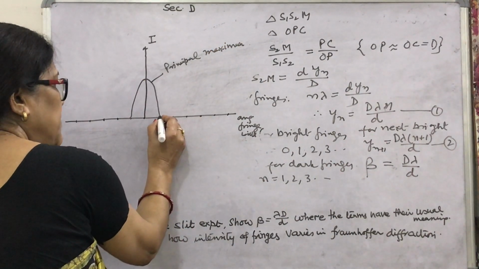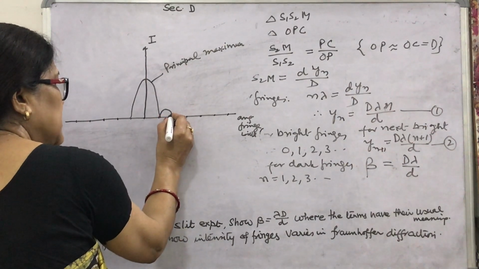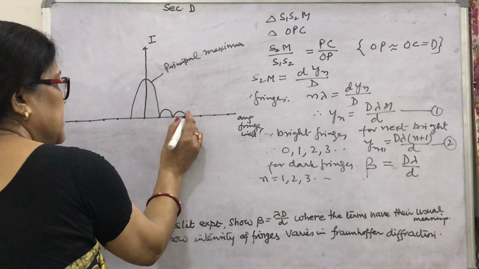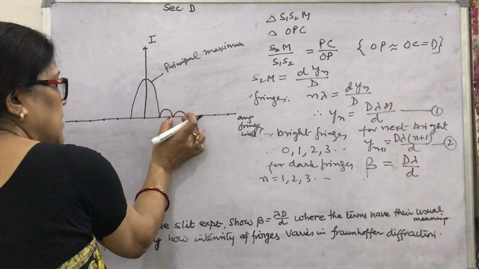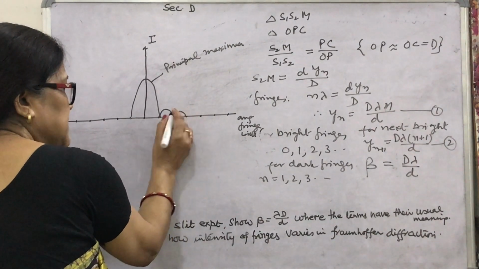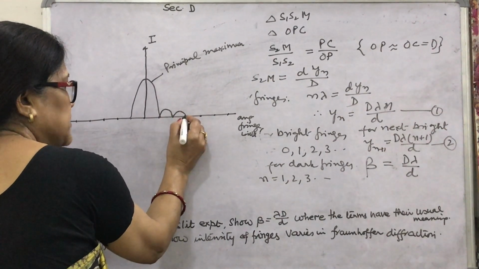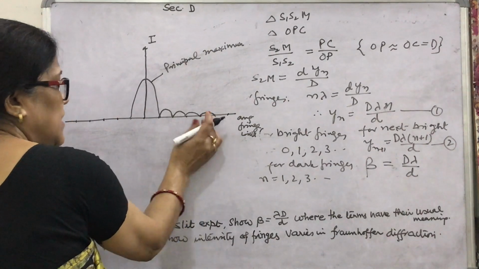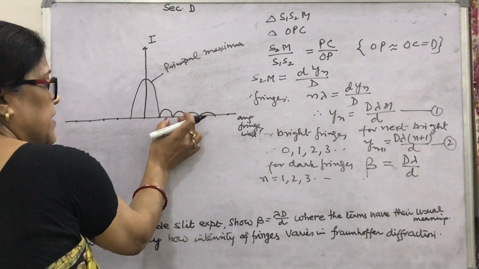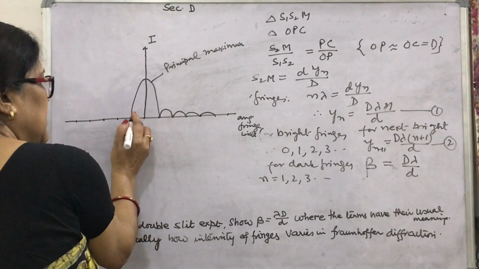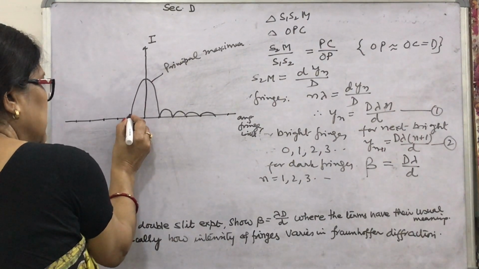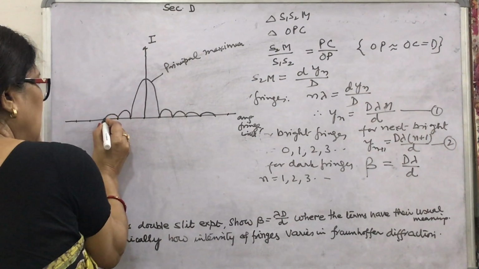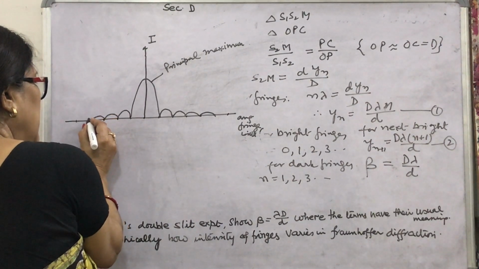The secondary maxima have lower intensity, then the next one is of lesser intensity with the same width. The first, second and third secondary maxima have decreasing intensity. They are of the same width but decreasing intensity. Similarly on this side, draw identical patterns with falling intensity.